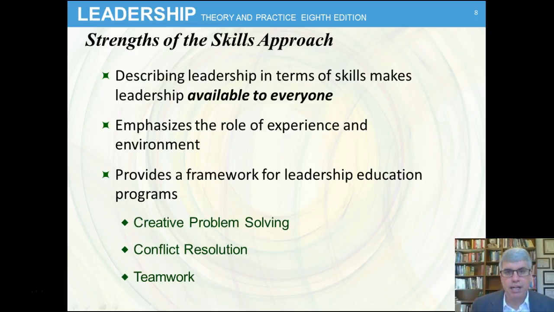And so that's why, if you were to take a program in leadership, which many of you are, you would have classes in such things as creative problem solving, conflict resolution, teamwork, because these are all skills that need to be learned to be an effective leader.